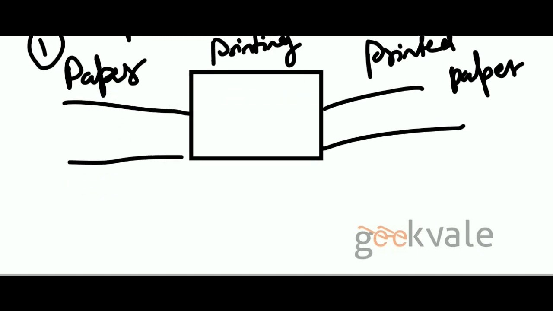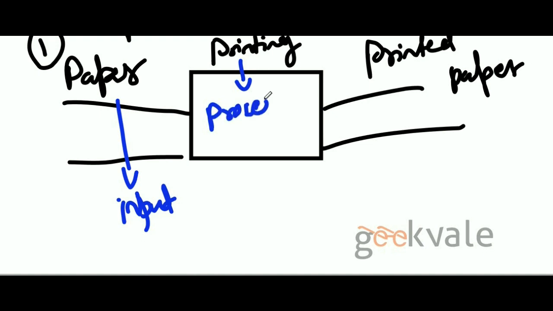The paper is what I can call the input to this printer. The printing is actually the process that is being applied to the paper, or in other words, the printing is the process that is applied to the input, and that gives us what? The output, which is what? My printed paper.